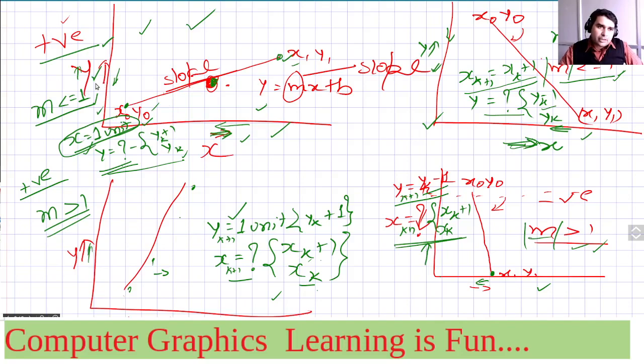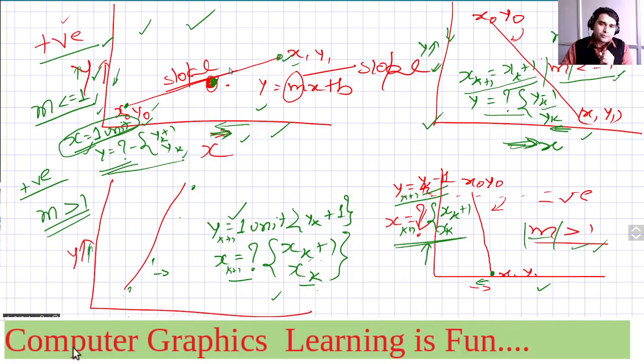However, here you will understand the slope, the value of m, is less than or equal to 1, and here we are trying to show that the slope value is greater than or equal to 1. Now in this case, when the slope is less than or equal to 1, we keep on incrementing x by 1 unit every time, and we judge on y whether the y value should remain as it is or it should also increase.